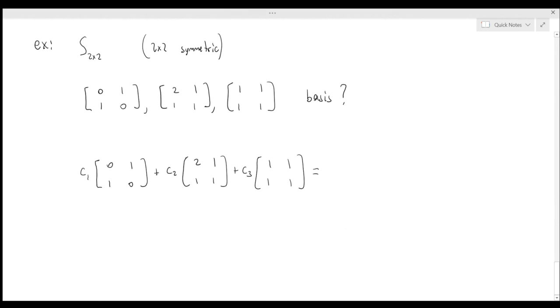Okay, now if I'm checking span, then I would set it equal to a generic 2 by 2 symmetric matrix. For independence, we'd set it equal to 0 instead.